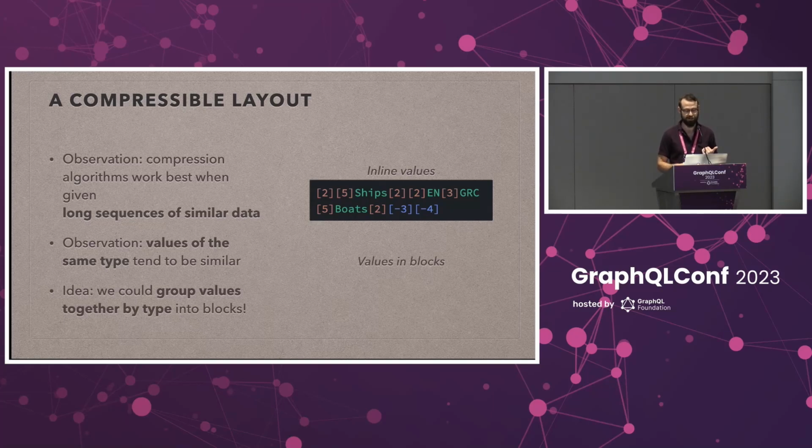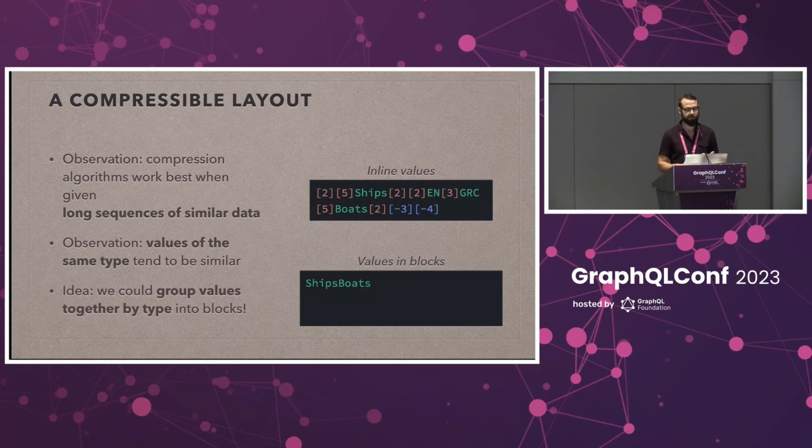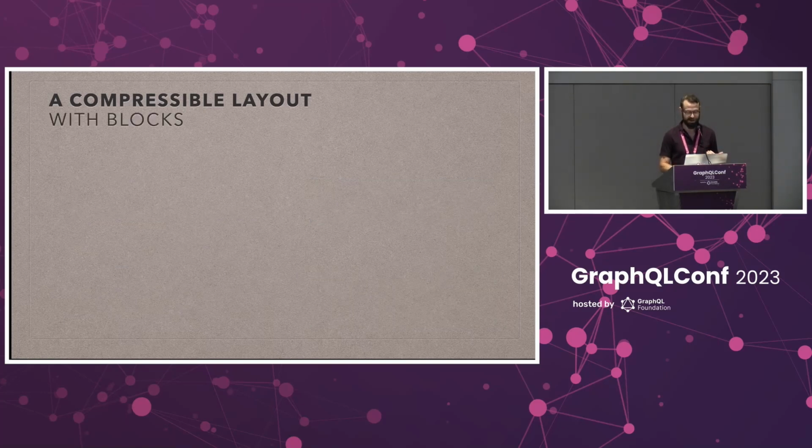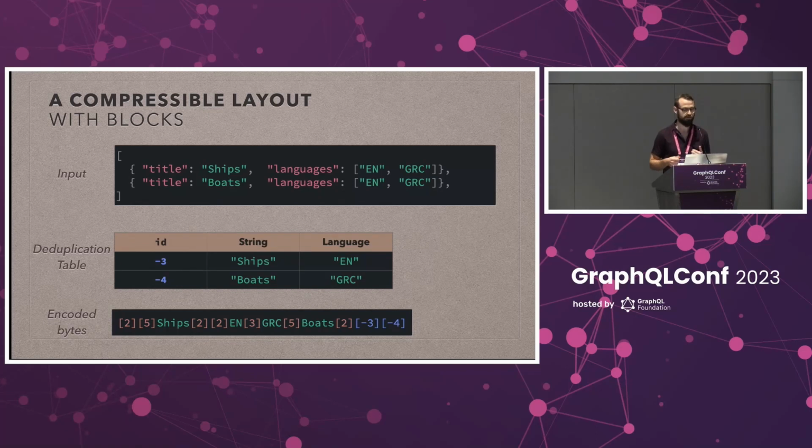Instead, what we might want to do is put values in blocks. So we could start with all the string values together, then we could write all of the language codes together, and then we can write all of those integers together. And in practice, this does compress better. So let's walk through how this would actually work. We won't go in quite as laborious a detail as we did last time, but we'll look at the same example.